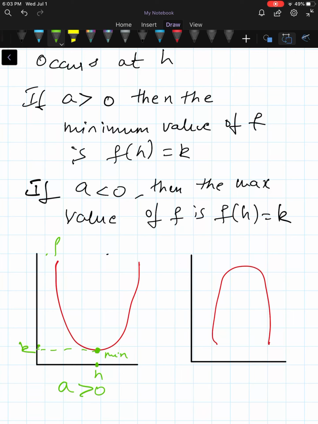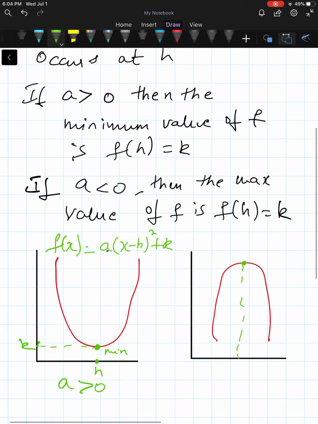This is the function f of x is equal to a times x minus h the whole square plus k. And for the maximum value, the graph is downward, so this is again h and this is again k.